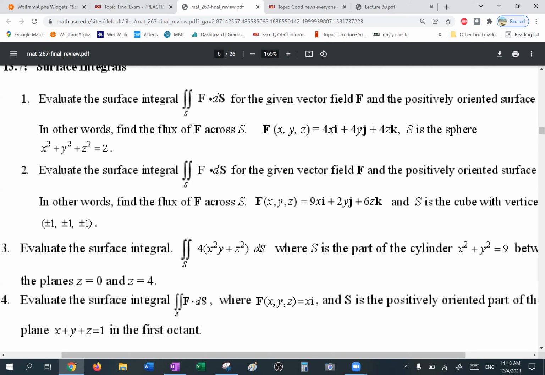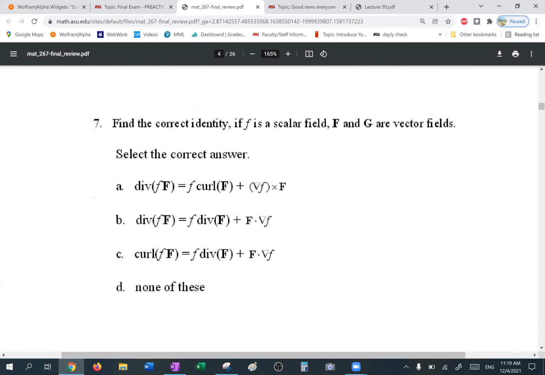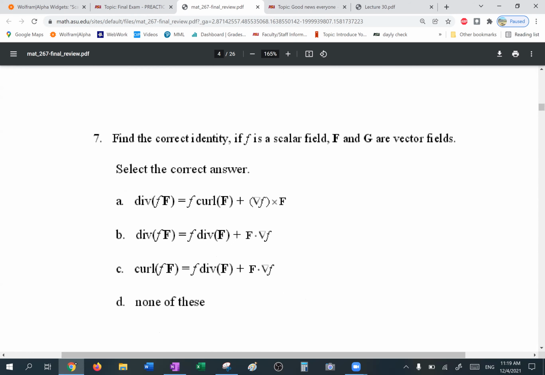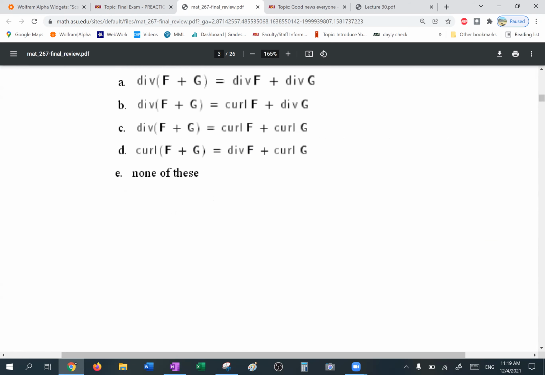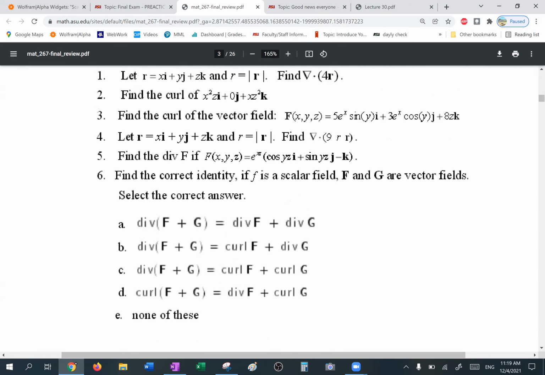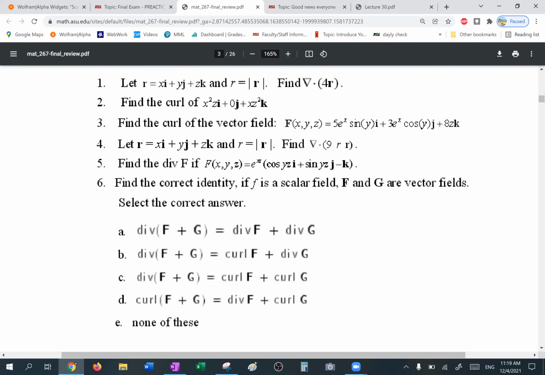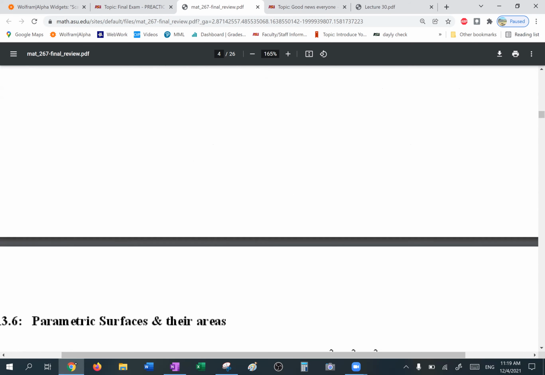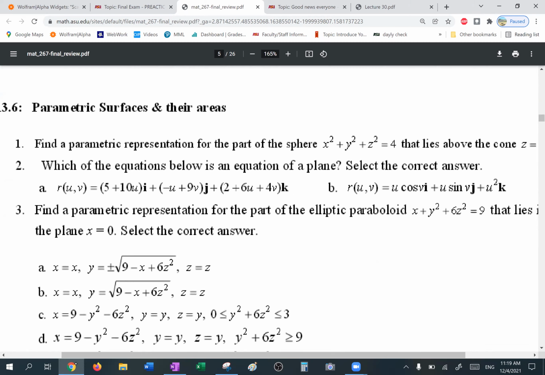But nothing weird like those questions. If it's scalar, A, B, C, D, who cares about this? Or these ones also A, B, C, D, that's way too extra. Find divergence, maybe like this nice kind of multiple choice question. I don't know, it's not there yet, but I might put it there if I want something simple.